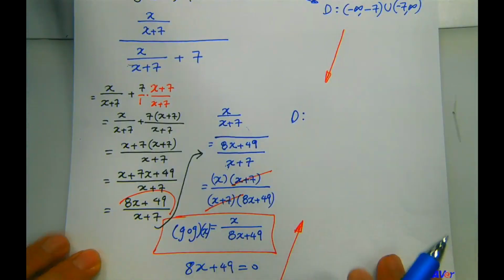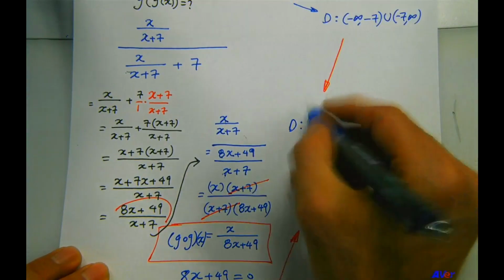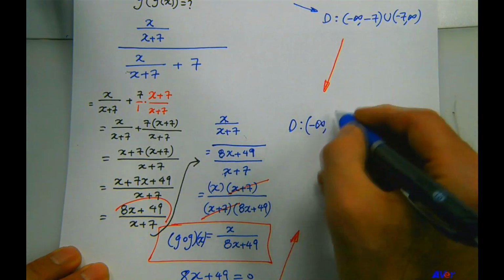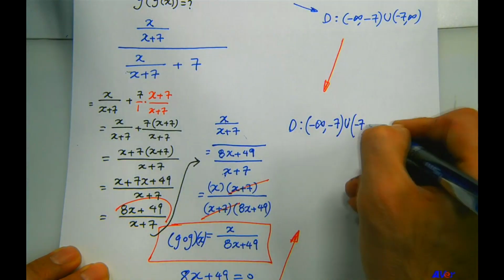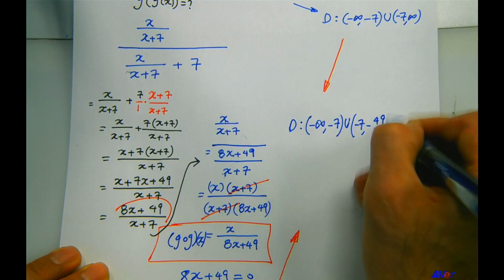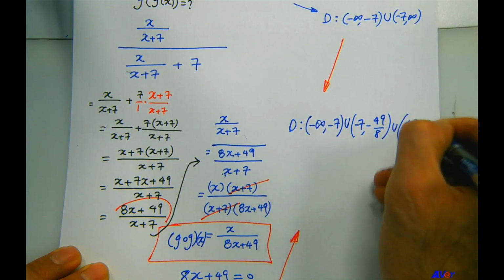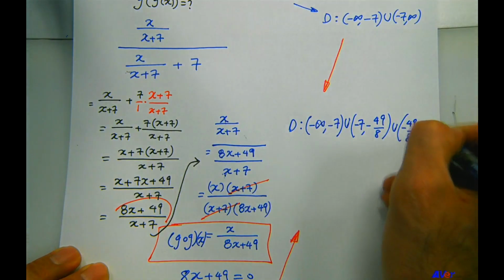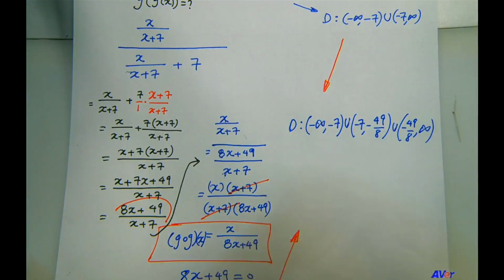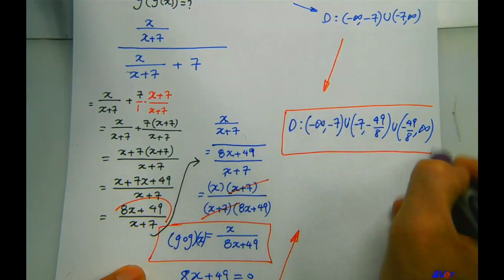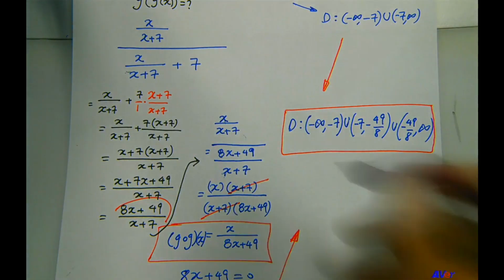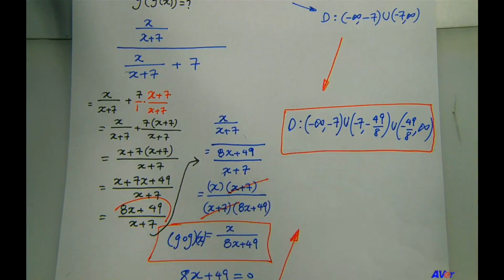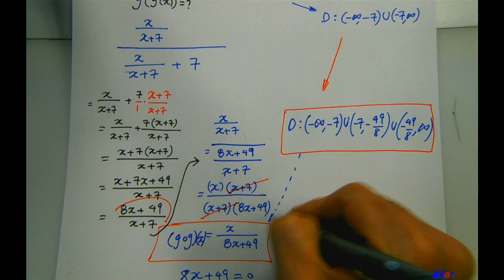The domain of this function is as follows: negative infinity to negative 7 union negative 7 comma negative 49 over 8 union negative 49 over 8 comma infinity. Like that, okay? So that's the domain of this composite function.